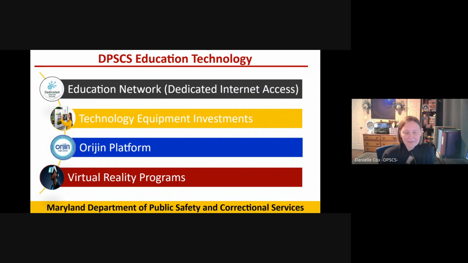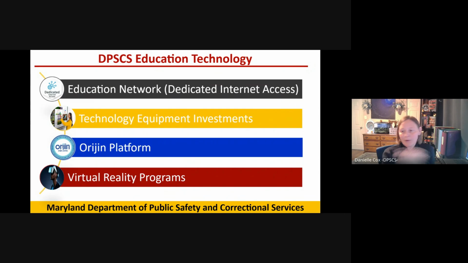Yep, exactly. And then the last thing we have is a couple of different virtual reality programs. We have the Vehicles for Change program that has the virtual reality goggles where they go through the first of 5 certifications, ASE certifications towards automotive certification.